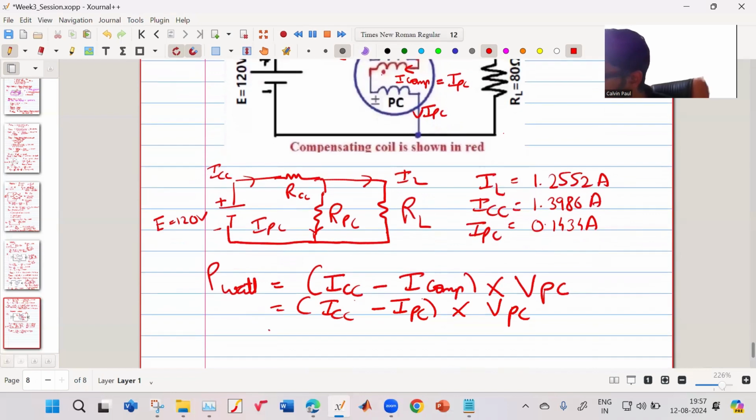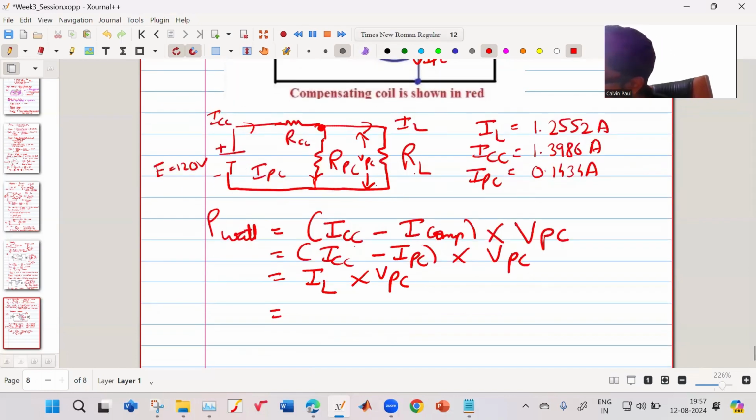So if you apply KCL over here, you will see that ICC minus IPC is actually equal to IL. So it will be your IL into your VPC. And this VPC is actually the voltage across your RL. So it is equal to your IL into RL, which is equal to your IL square into RL.